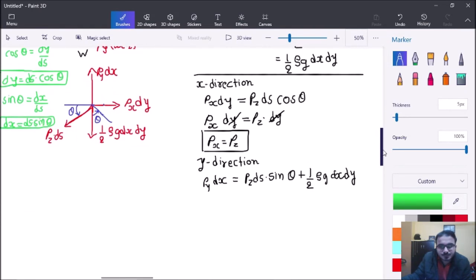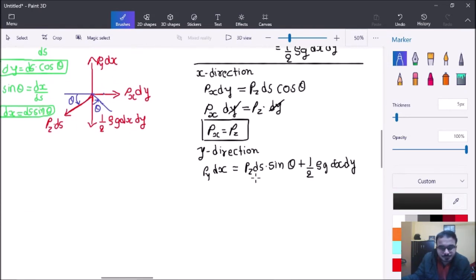So here Py into dx is equal to Pz into dx.